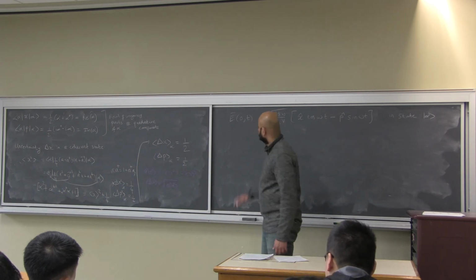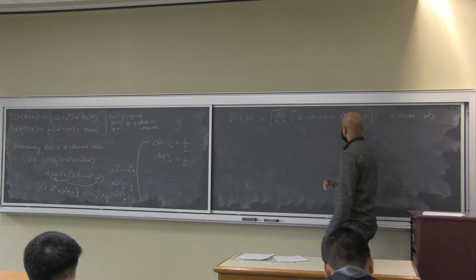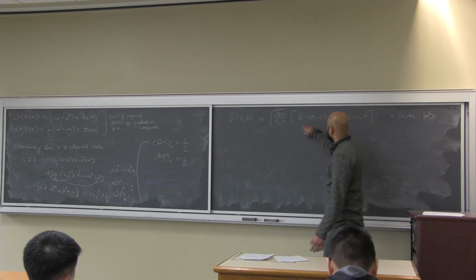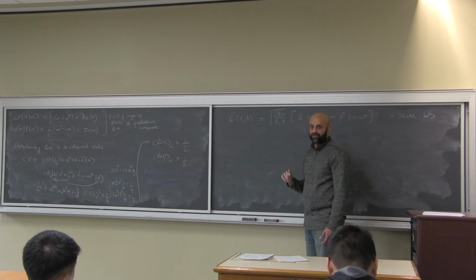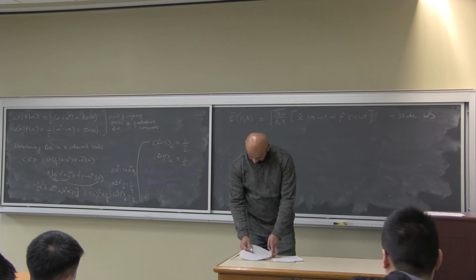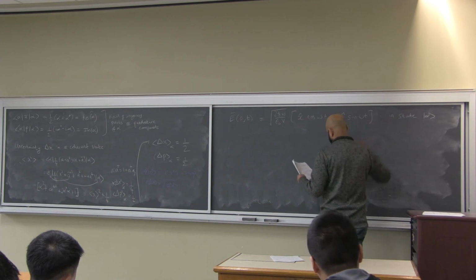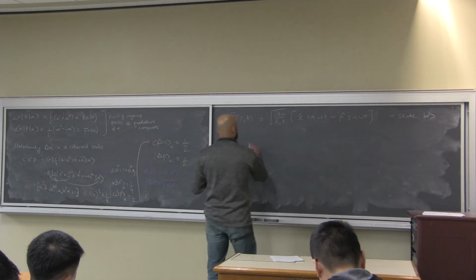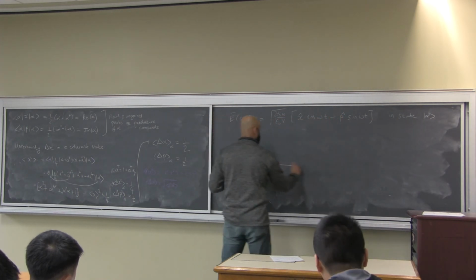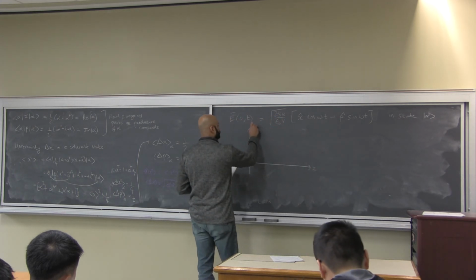So we wrote down E, the electric field. In general, it's just this. But in a coherent state, we know that these x and p become the real and imaginary parts of alpha, right? So if I take this and apply it to a coherent state, I'm going to represent that along the x and p axes.